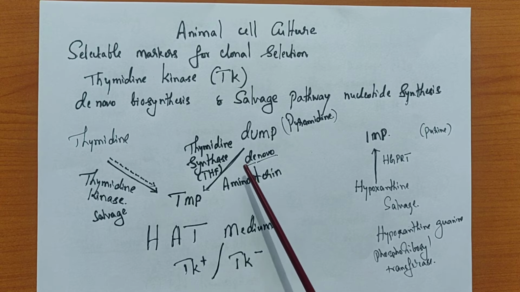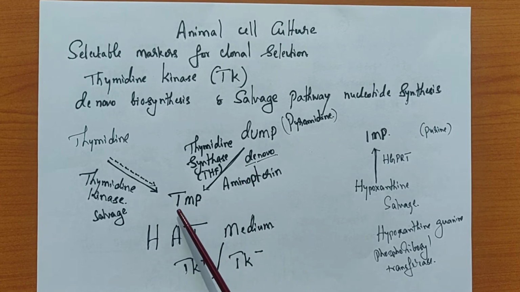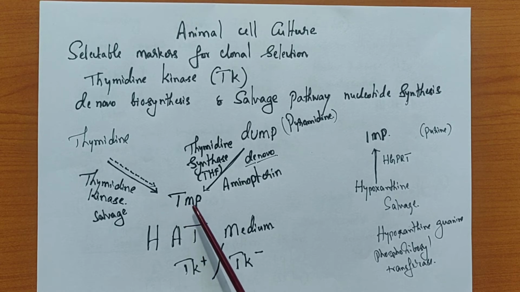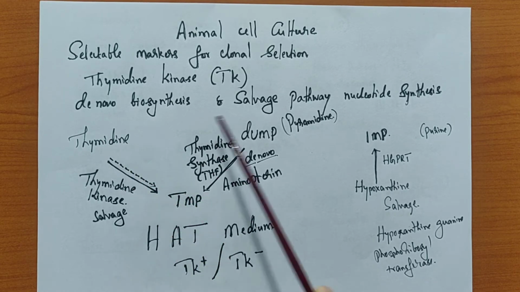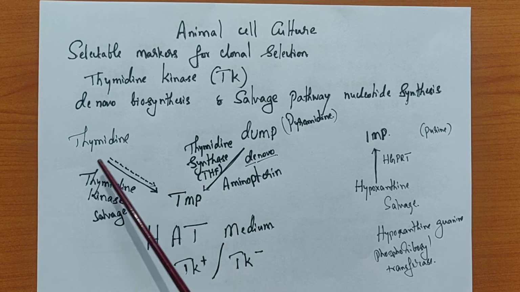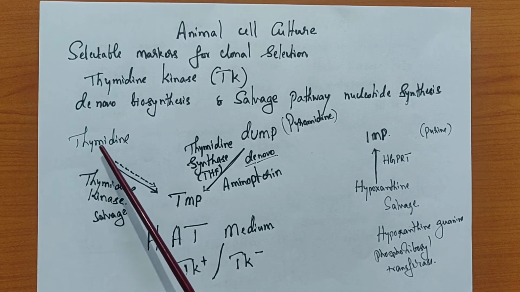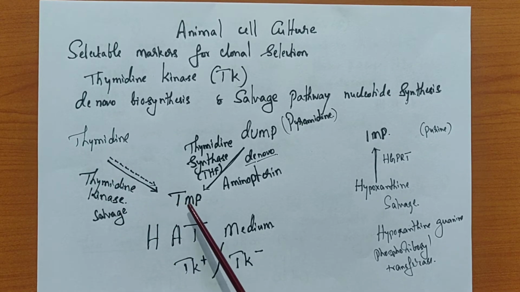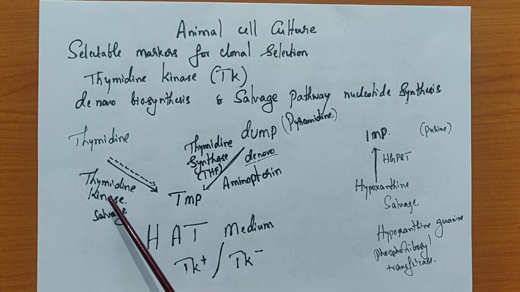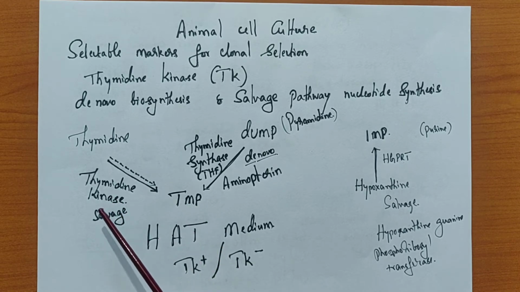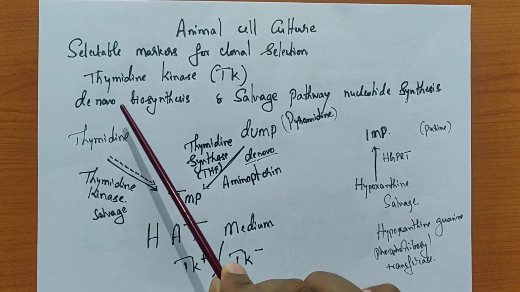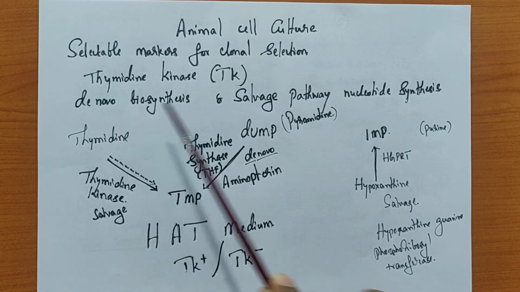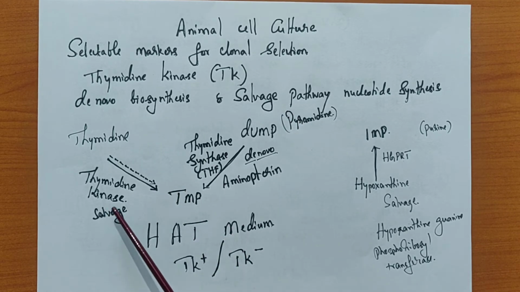So even in this inhibition, we are still able to get thymidine monophosphate by activating another pathway, in which thymidine is directly converted into thymidine monophosphate by the enzyme thymidine kinase. So in the absence of de novo synthesis, the salvage pathway will take up. That is going to be thymidine kinase.